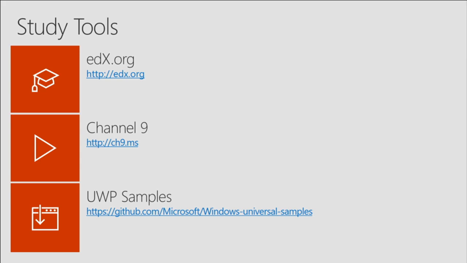So if there's a feature like, let's say, Credential Locker interests me and I want to see somebody actually use it, you go to Channel 9 and look for a video of somebody using it. It's not necessarily a course as much as cool videos people post. I like to call it the YouTube of technology, right? And then Universal Windows Platform has a whole GitHub repository with nothing but samples. Many of these features I talked to you about are included in the samples repository. So if you want to download some code, play around with it, and look at how the product team will implement it, you can do that.